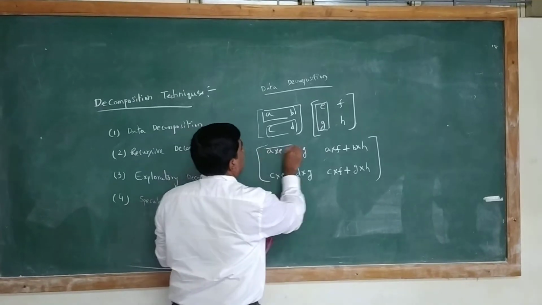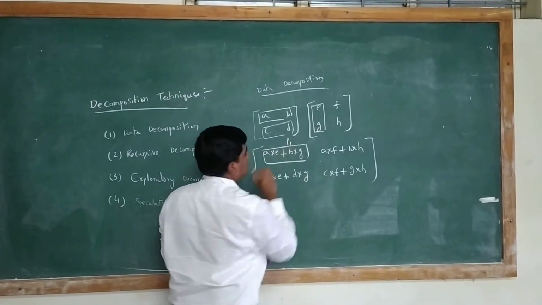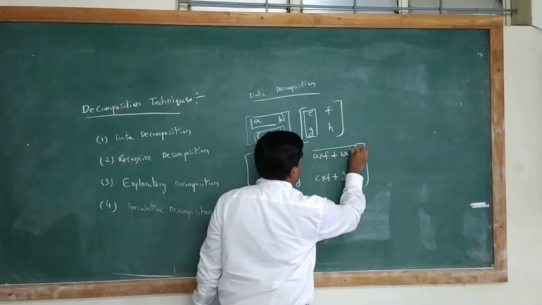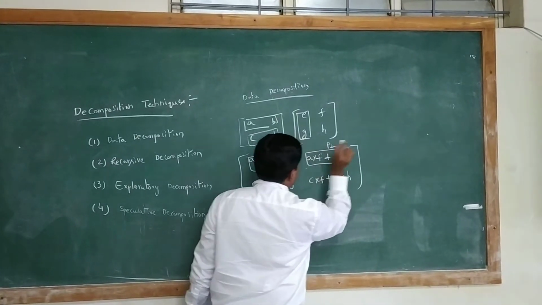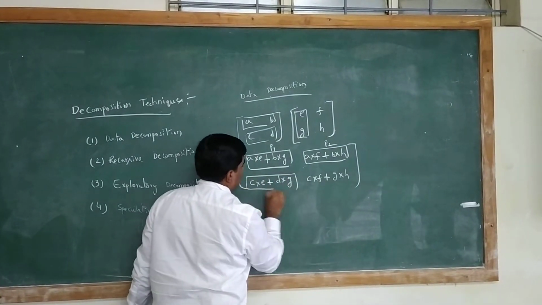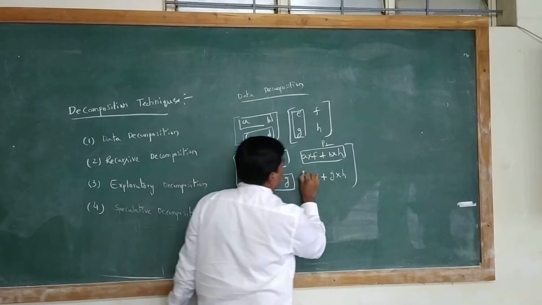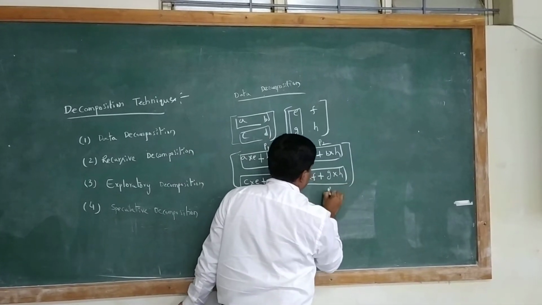This we are allocating to one processor, this to another processor, this to another processor, and this to another processor.